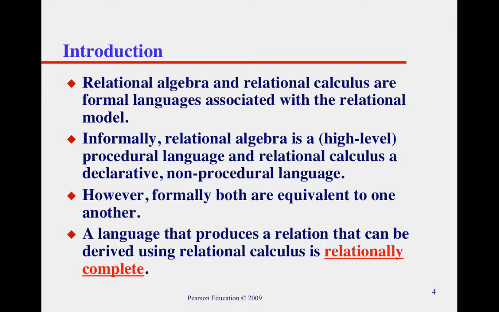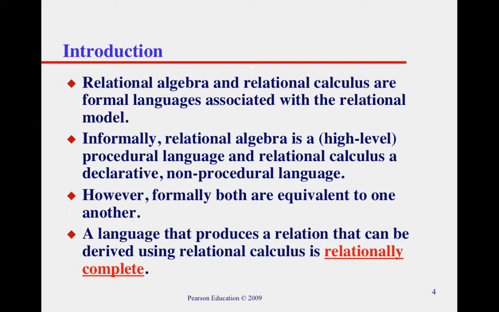So if you develop a language for a relational database, we say it needs to be relationally complete, which means that for every query that you can write in that language, there must be a comparable query in the relational calculus. And if it is, then it's considered relationally complete. So the relational algebra is a relationally complete language.